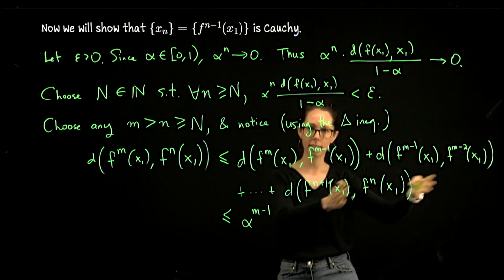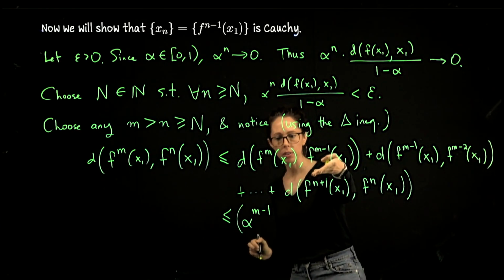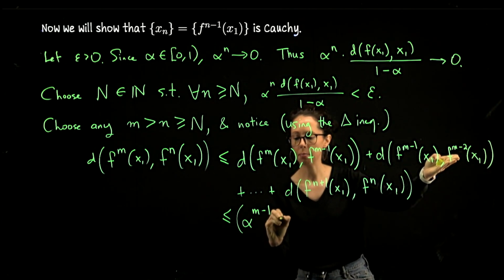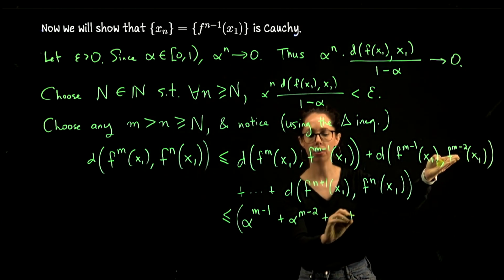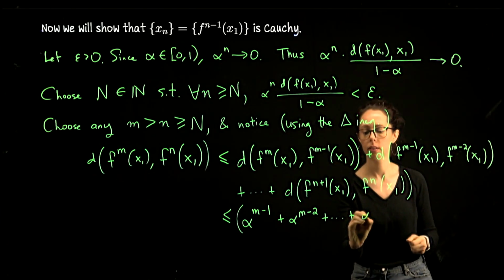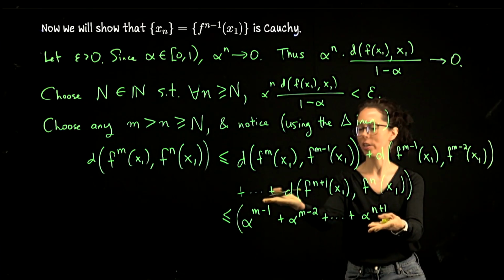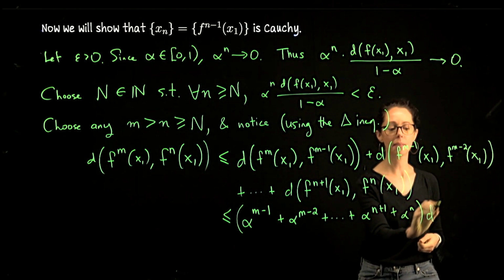So instead of writing that distance multiple times, let me imagine kind of factoring it out to the right. So we'll have alpha to the n minus 1 plus alpha to the n minus 2 plus all the way down through alpha to the, how about n plus 1 and then n. So this one goes with the term here that I omitted, alpha n, all of these times the same distance.